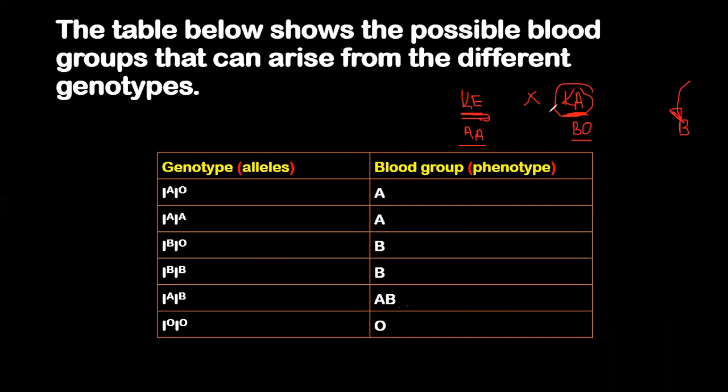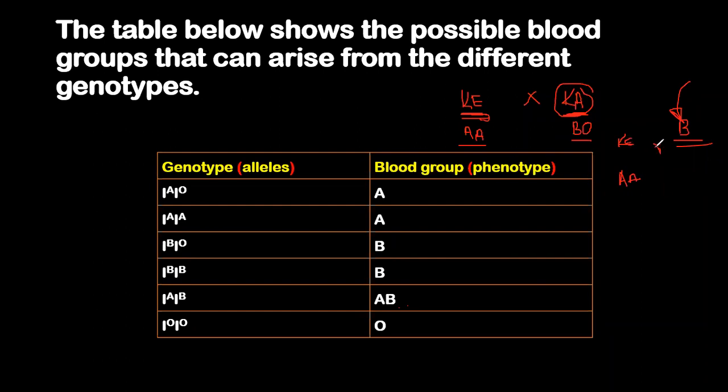Can we sue Katende? Let's carry out a cross and see if we can get blood group B from these two. So if you have A, this is Kevin.